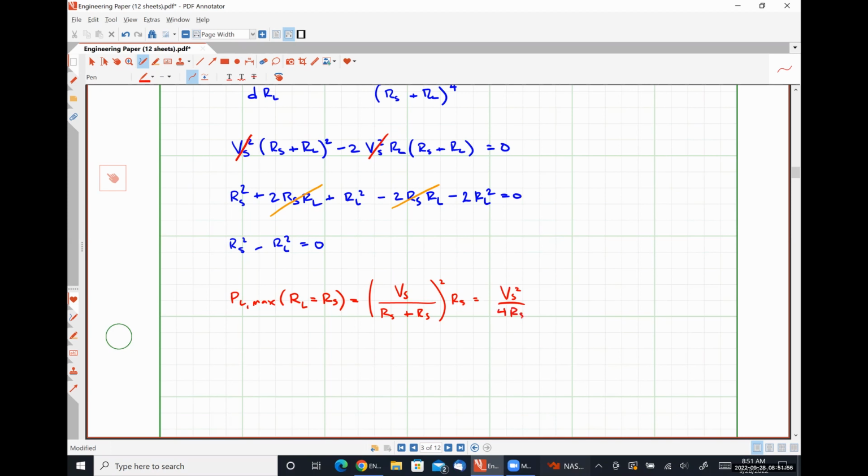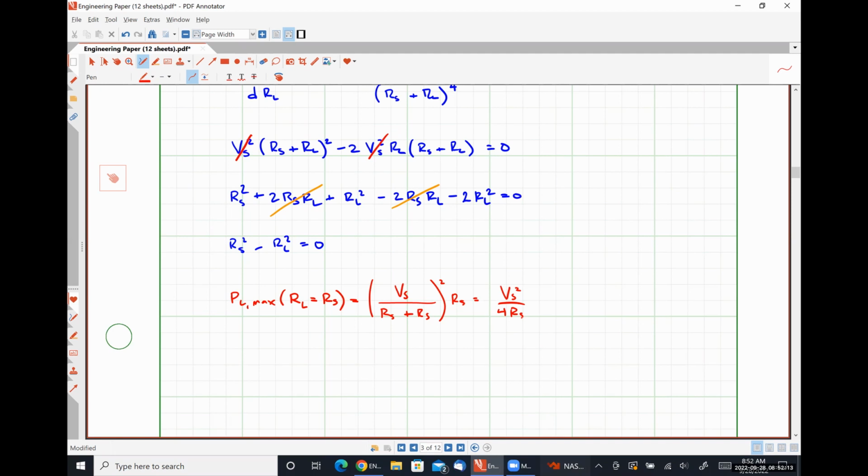So this is the maximum amount of power that a practical voltage source can ever provide, and it depends on the value of the voltage source itself, as well as its internal resistance.